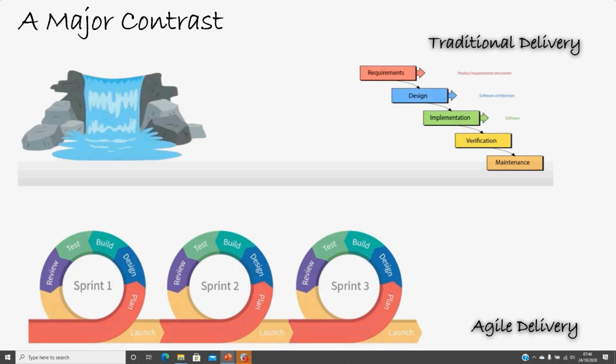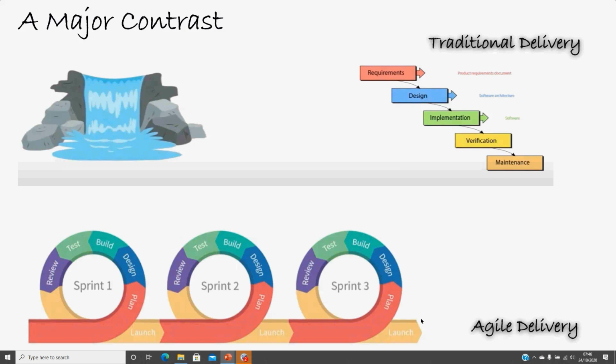Then at some point they planned, designed, built, tested, and reviewed that voice feature, and then they released it to you as a launch, and then they moved on to probably the next sprint, in which they included the voice conferencing and the video conferencing as well, which is the plan, design, build, test, review, and then launched it. And then probably they moved to the next sprint, which was to do with sharing the pictures and multimedia for sprint 4.